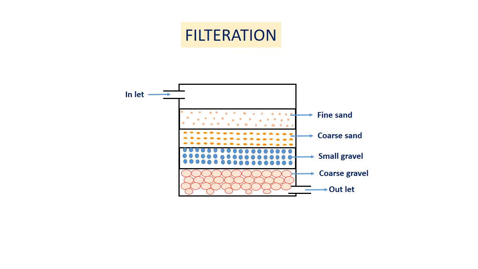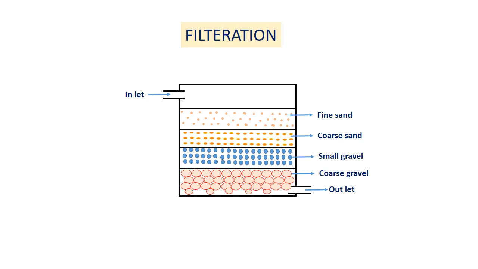Okay, filtration process. So here we have the inlet. This is the arrangement we have for the filtration process. At the top layer we have fine sand, next to that we have coarse sand, then small gravels, and the bottommost layer has coarse gravel, and we have the outlet.